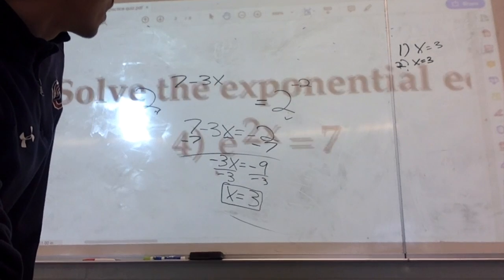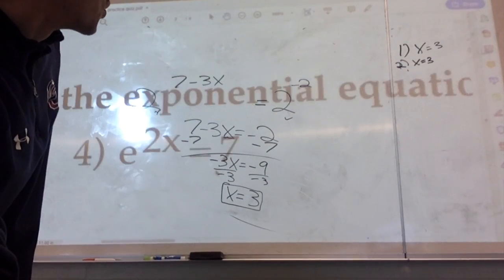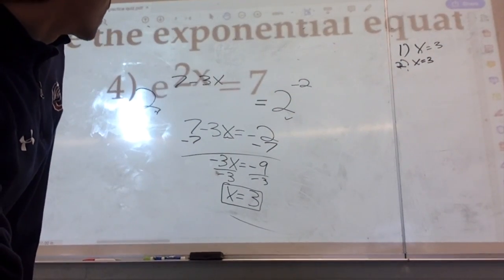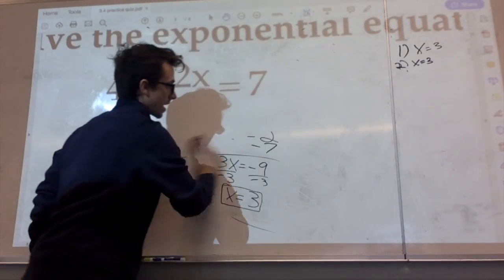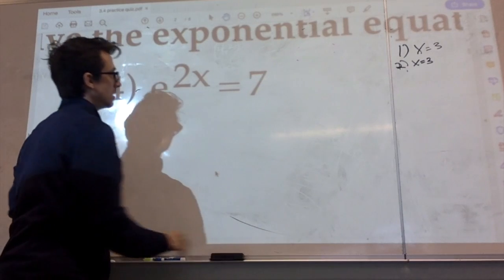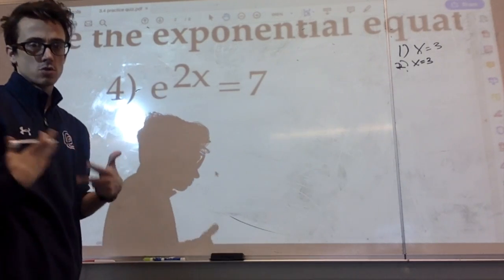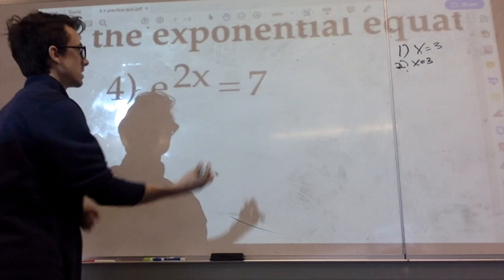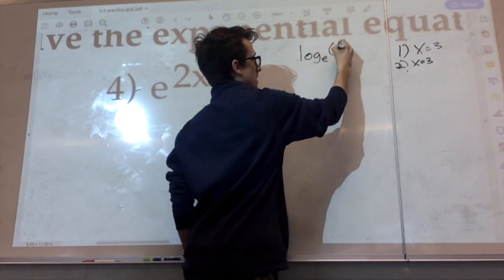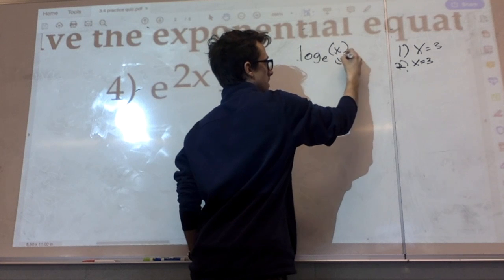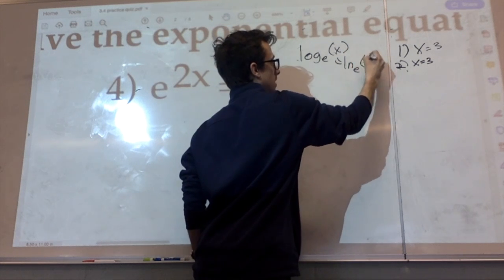We have to solve the exponential equation. So we're trying to solve for what x is equal to. In this case, we have e to the 2x power equals 7. We know based off of the natural log properties that if we see a log with base e, this is the same thing as the natural log.